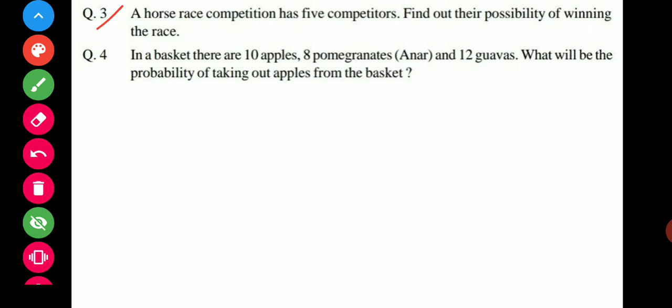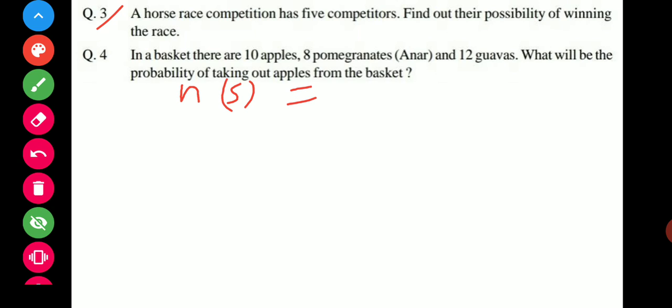Here is the third question. A horse race competition has 5 competitors. Competitors हैं इसमें 5. Find their probability of winning the race. 5 competitors हैं यहाँ पे, यानी 5 horses हैं. So that is the total number of events which are happening or not happening, that is NS.